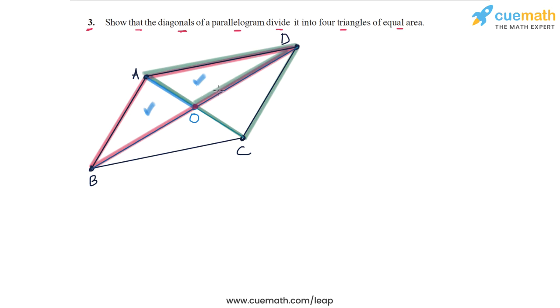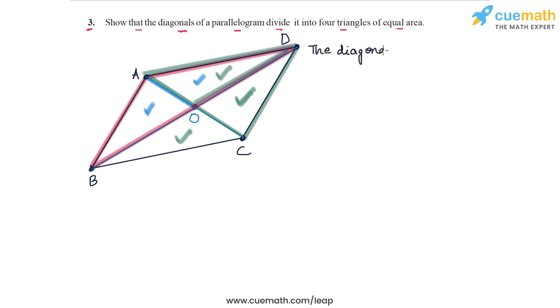So DO will divide ADC into 2 triangles of equal area, and this basically means that the areas of ADO and DOC, these 2 triangles, are also equal, and similarly this triangle and this triangle have equal area, and so on. So this is essentially all we have to do. We have to make use of the fact that the diagonals of a parallelogram bisect each other. So let's write out the proof now.